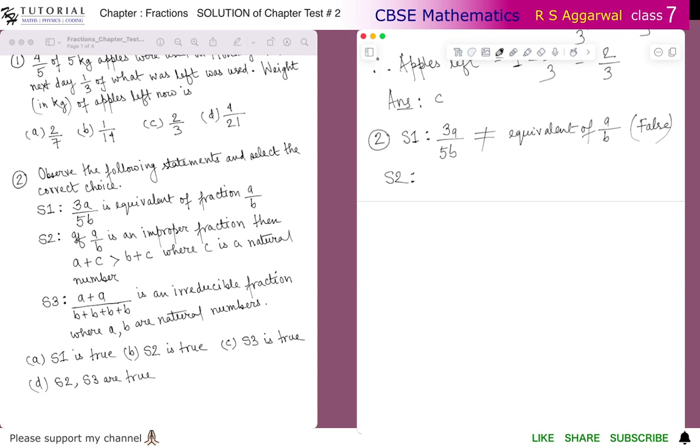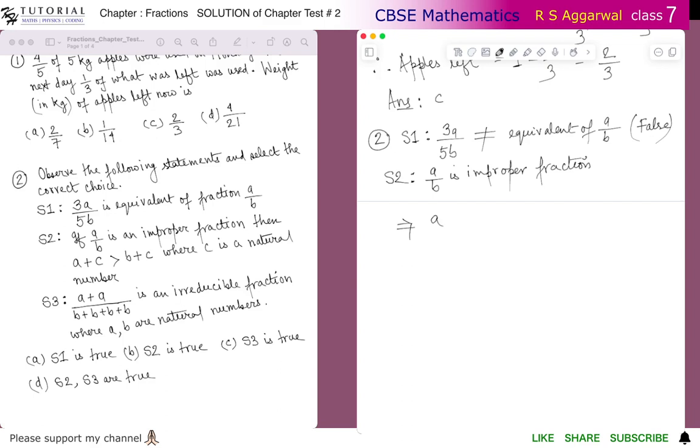If A by B is an improper fraction, then A plus C is greater than B plus C, where C is a natural number. Now if A by B is an improper fraction, this implies, by the definition of an improper fraction, that the numerator is greater than or equal to the denominator.